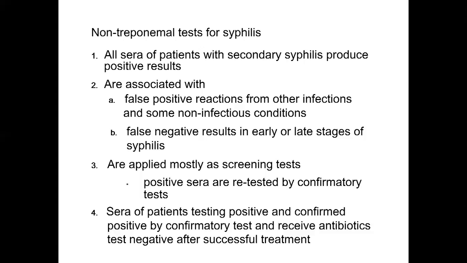So the patient is put on treatment, and when the treatment is successful, the person is retested and they test negative. So they revert to negative if the patient is fully treated. In that way, they can be used to confirm the success of the treatment or to monitor the treatment.